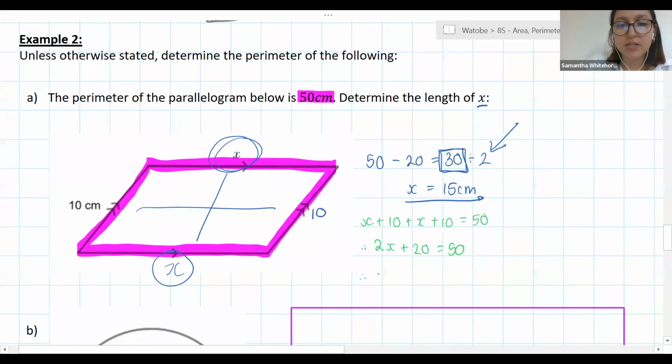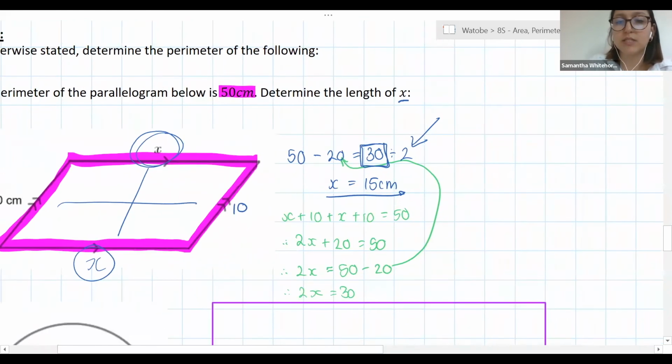If I subtract 20 on both sides, I end up with that 50 minus 20, which we had over here. So we're on the right track. And so 2x is equal to 30. I'm just going to carry on the side here. And now in order to solve for x, I know that I need to divide both sides by 2 in order to get x alone. And so we get that x is equal to 15 centimeters.